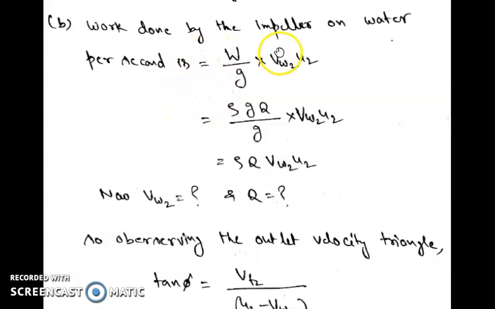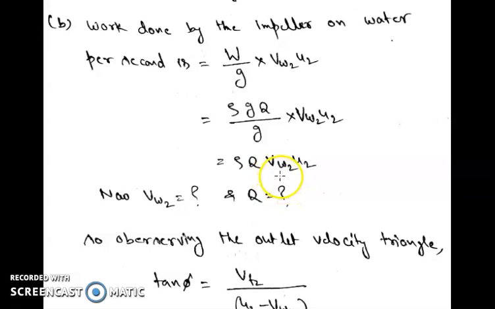So the work done by the impeller on water per second is given by rho into g into Q divided by g multiplied by VW2 into U2. So it is equal to rho into Q into VW2 into U2. Now we have the value of rho, we have the value of U2, but we do not have the value of Q and VW2. So we have to calculate the value of Q and VW2.